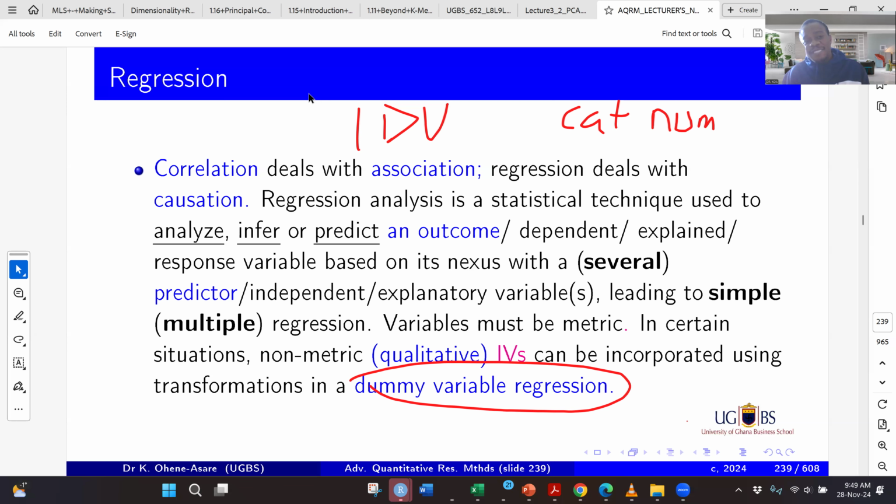Let me see whether we have the smartest person around. So the dependent variable is no longer 1. It could be 2 or even more, and the independent variables are still categorical and numerical. What kind of regression is that? That got you.